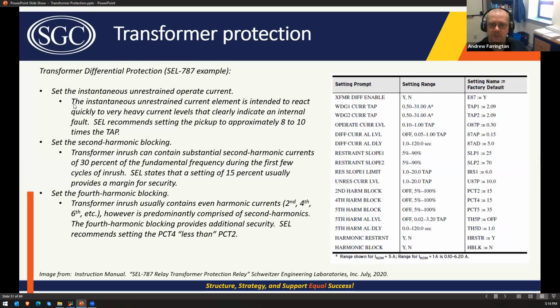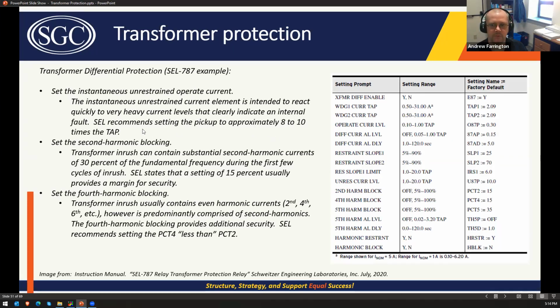We also want to set, or we'll often have to set, an instantaneous unrestrained element. So this is to cover faults that are inside the transformer and where you have operate current that's so high that you don't want to wait for the restraint calculation to determine a trip. So just very heavy current levels.